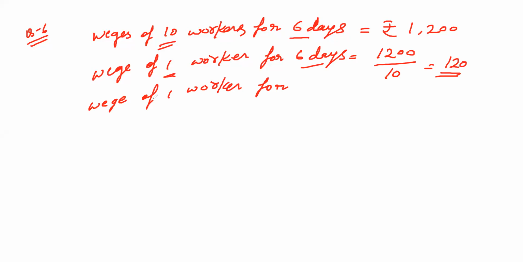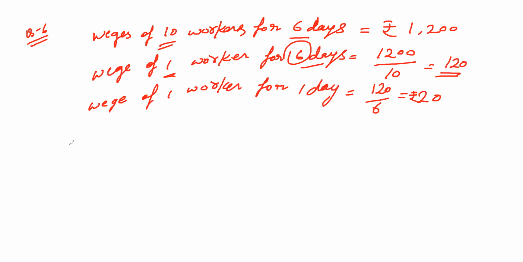Now we have to find the wage of one worker for 1 day only. Again divide 120 by 6, so 20 rupees. Sorry, the wage of one worker for 1 day is 20 rupees.